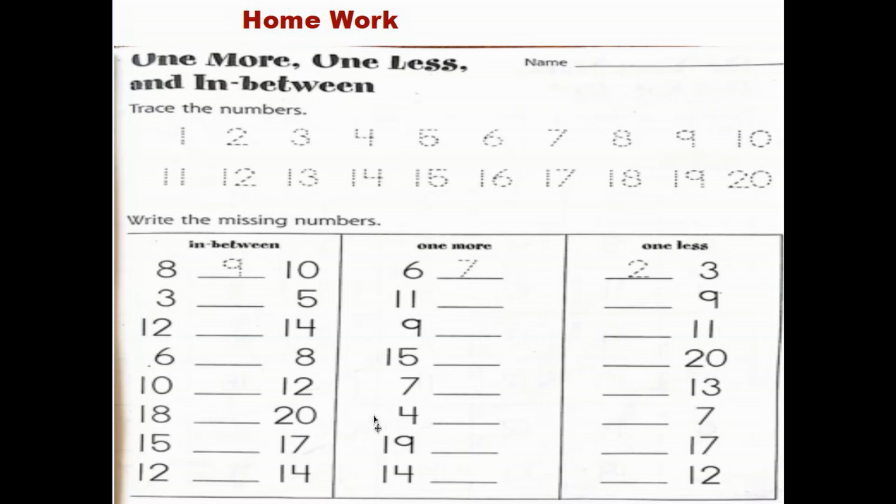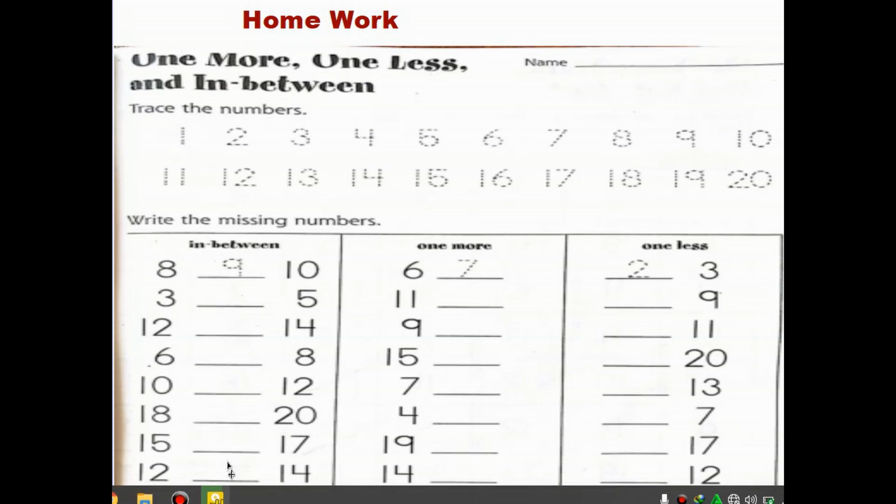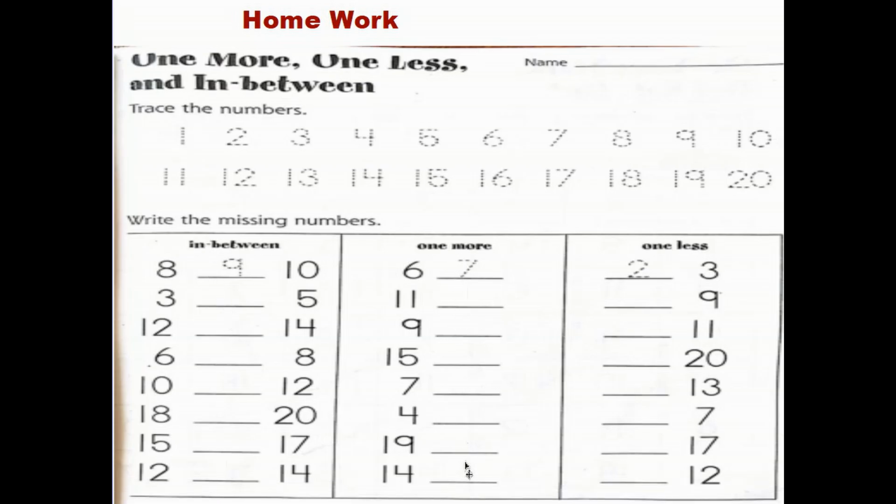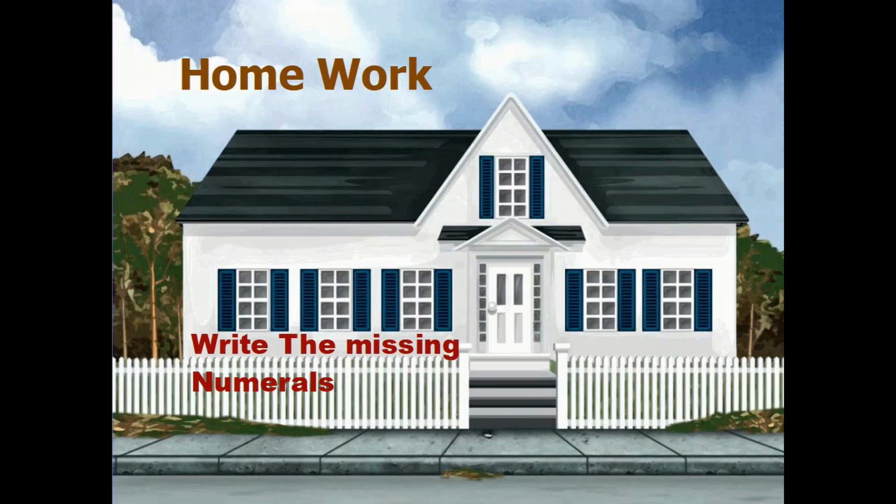Based on the pattern, you complete the blank spaces here. The first one is you write the number in between, the number that comes after, and the numbers that come before. One more, one less. Based on this, you complete your homework. And then we will see it next time.